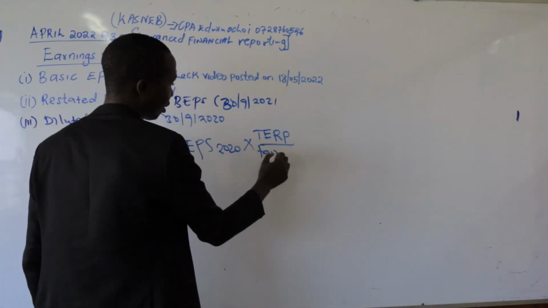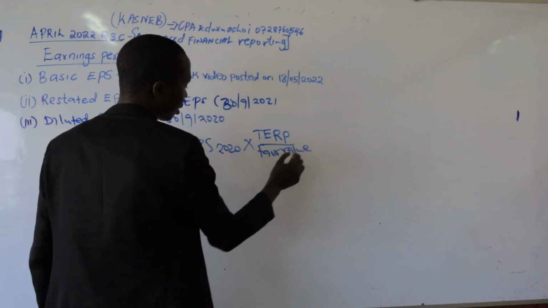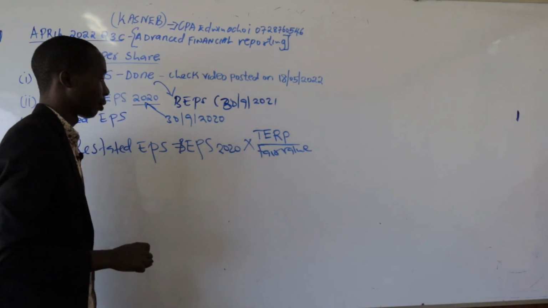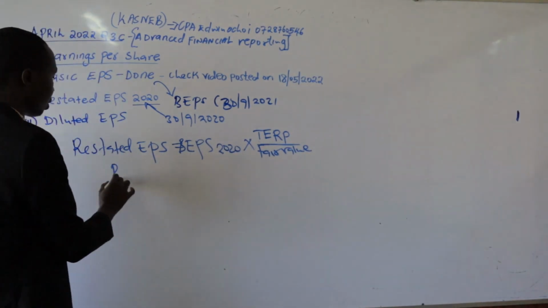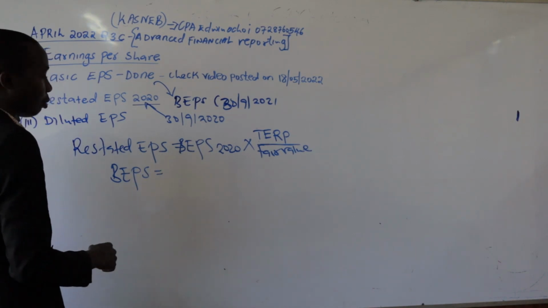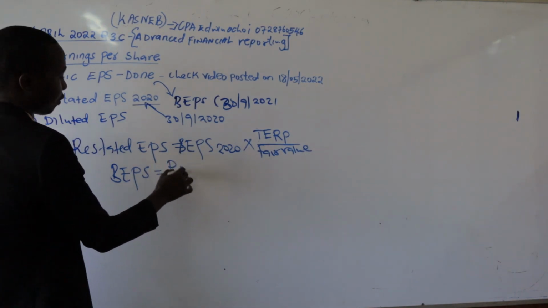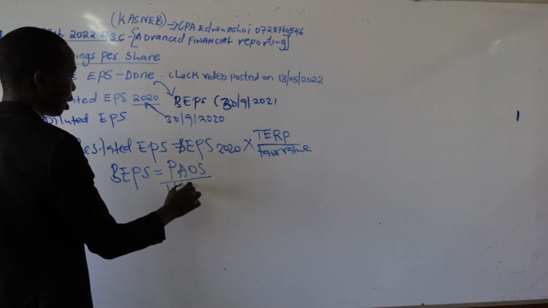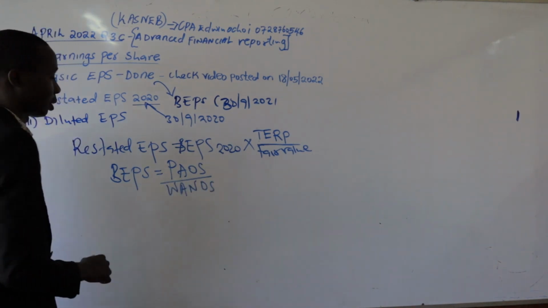You divide with the fair value of the shares before the rights issue. Of which we know that the basic EPS is equal to profit attributable to ordinary shareholders, divided by the weighted average number of ordinary shares.